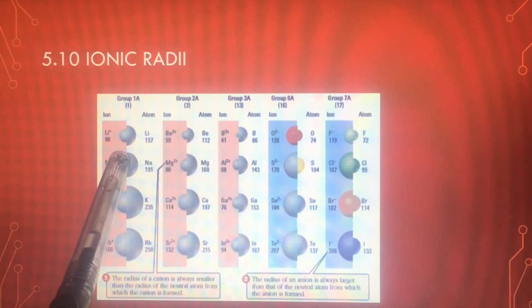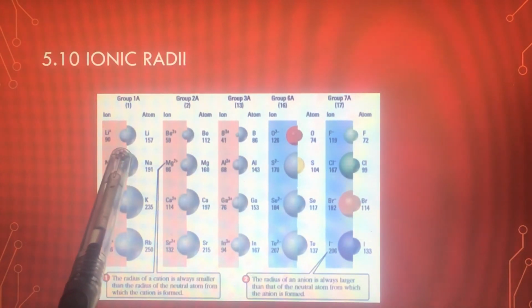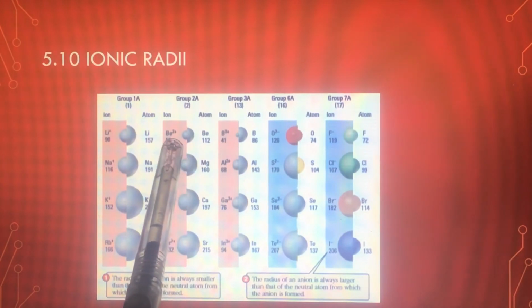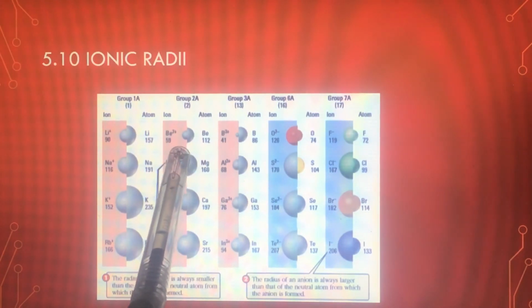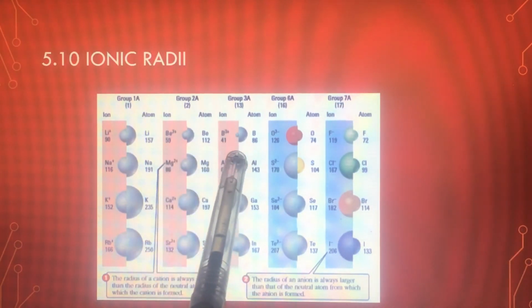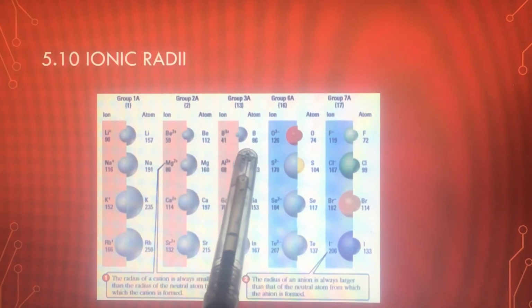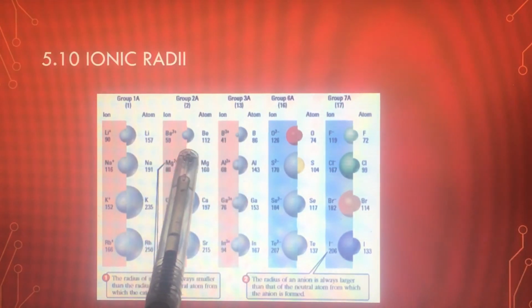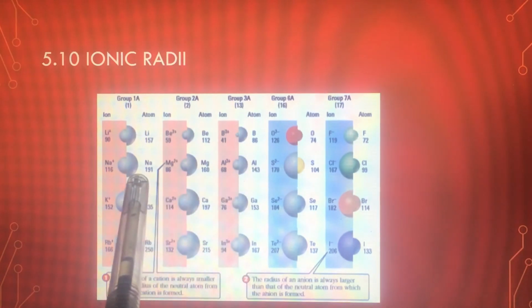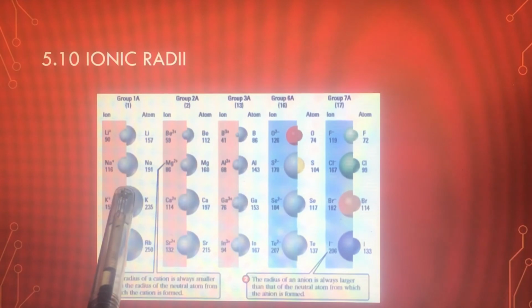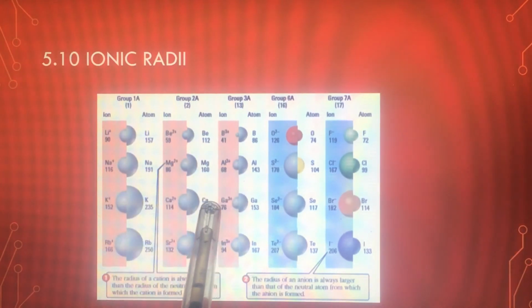For example, we have the lithium ion, 90. For beryllium, we remove 2 electrons to become Be2+, which has a smaller ionic radius. Then boron, which is 41, is much smaller than beryllium 2+. So for groups 1A, 2A, and 3A, we have a decreasing ionic radius.